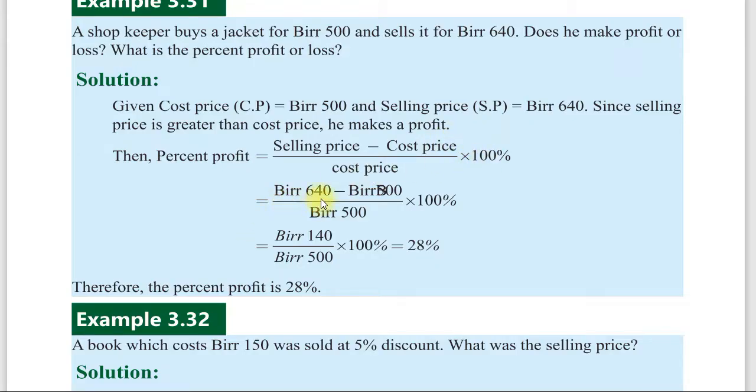So 640 minus 500 over 500 times 100%, which is 140. 140 is the difference between 640 and 500. Then divided by the cost price, which is 500, times 100%, which is equal to 28%. Therefore, the percent profit is 28%.